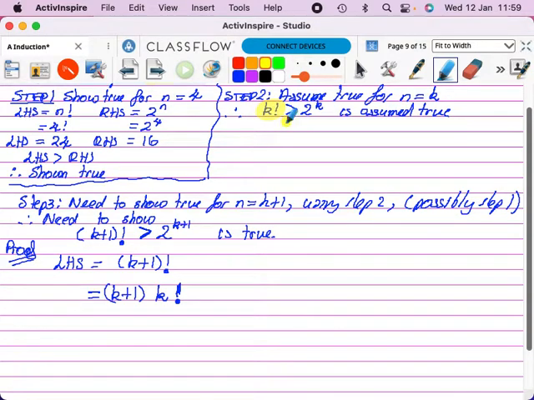And step 2 means you're going to replace the k factorial by a greater than 2 to the power of k. So this is when the equal sign becomes a greater than, and you've got k plus 1 times 2 to the power of k. Can't believe I did it again. I forgot to write down the right-hand side.